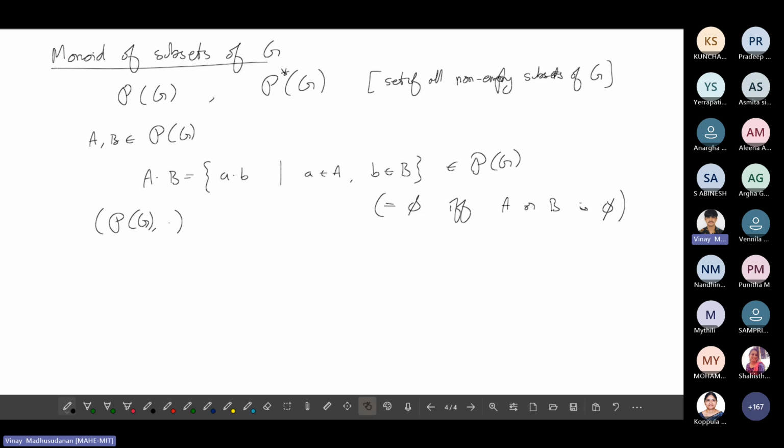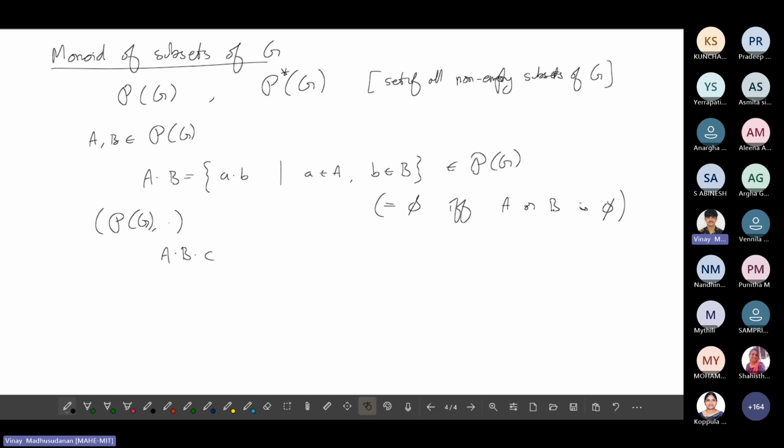Generally, when you do that, it will turn out to inherit the properties. So if you do A dot B dot C, there are two ways to evaluate this. That will give you the set of all elements of the form small a dot b dot c. But that's obviously equal to A dot bracket B dot C, so this is associative.